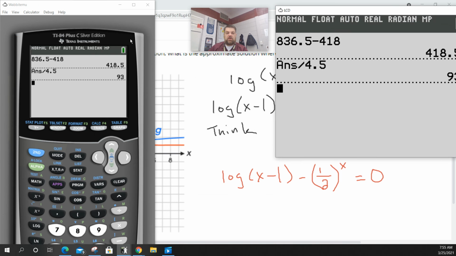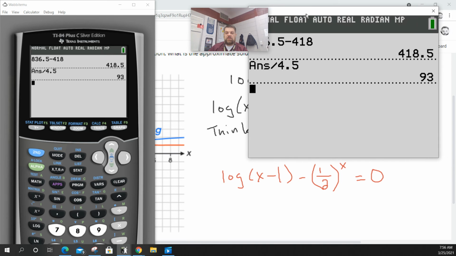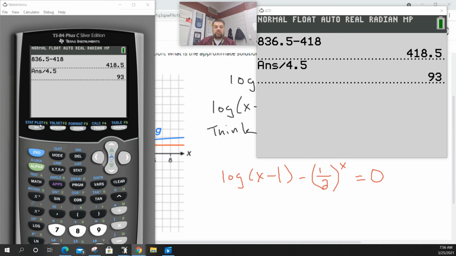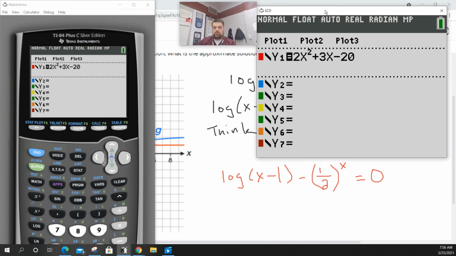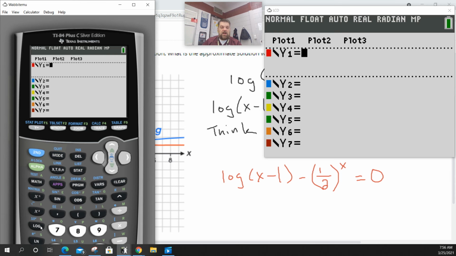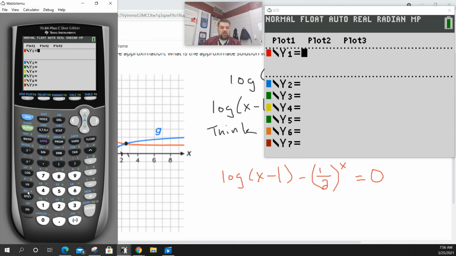That's the benefit of this: if I graph it, the calculator automatically puts in the values for me. So if I hit y equals, and clear this out, I can type in log of x minus 1, close the parentheses, minus 1 divided by 2.